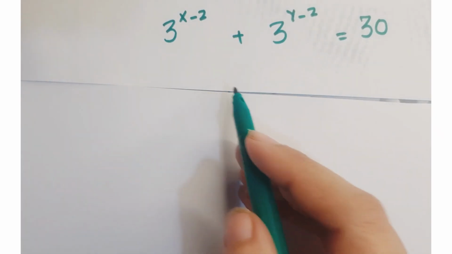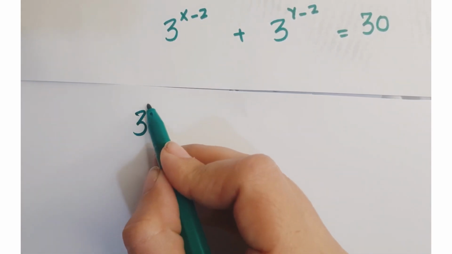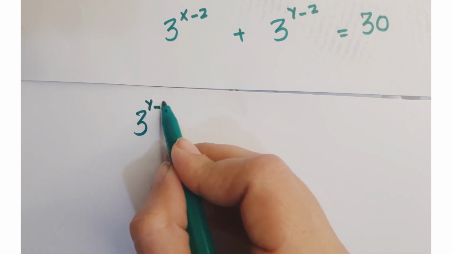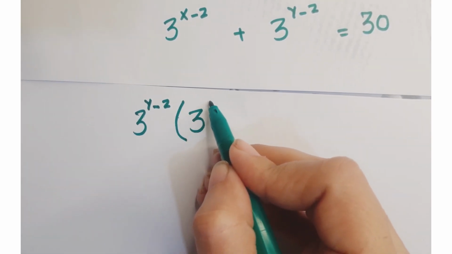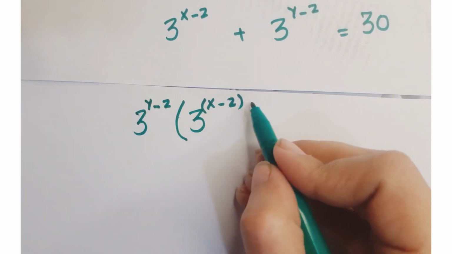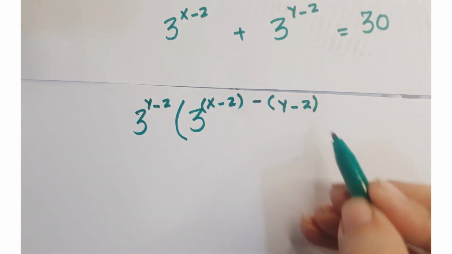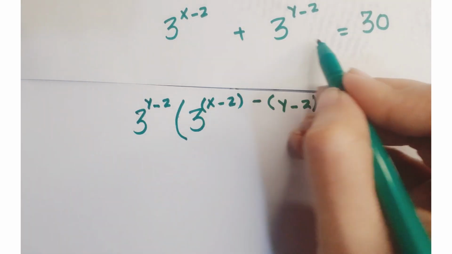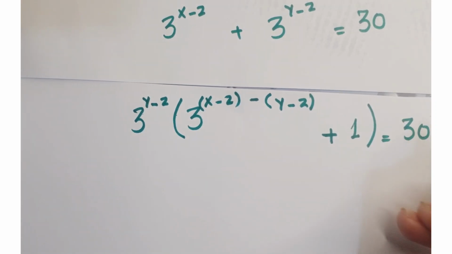Now dealing with this equation, if we take out 3 to the power y minus z common, we are left with 3 to the power x minus z, with this power reduced by y minus z, plus 1 is equal to 30.